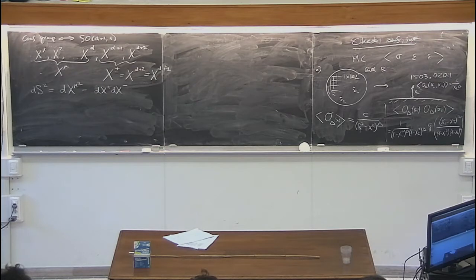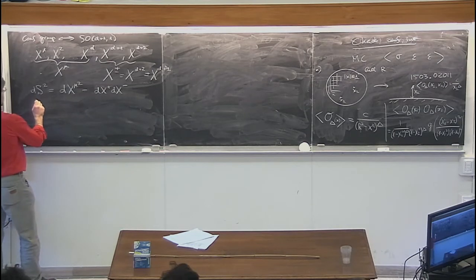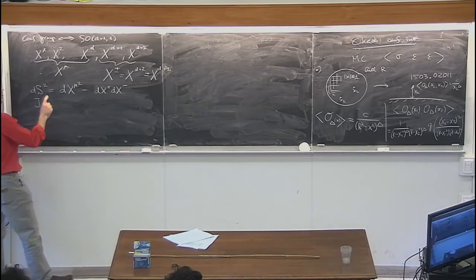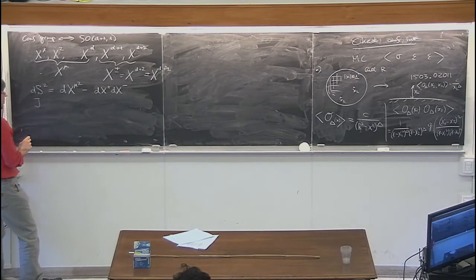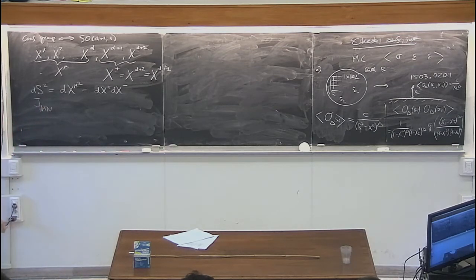I'm not going to show this, but we are going to have the following identification between the generators of the Lorentz group and the generators of the conformal group. With the Lorentz group, we have these generators, which I'm going to denote J_MN, where M and N run from 1 to d+2.